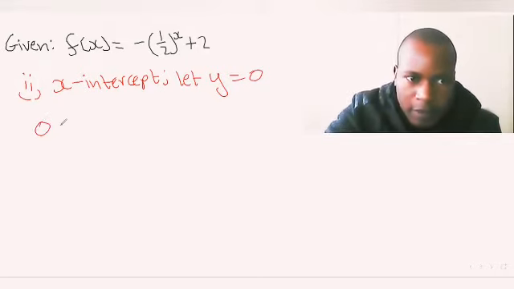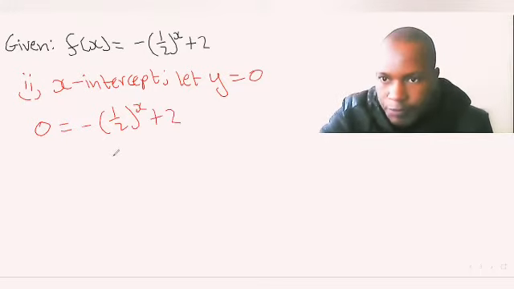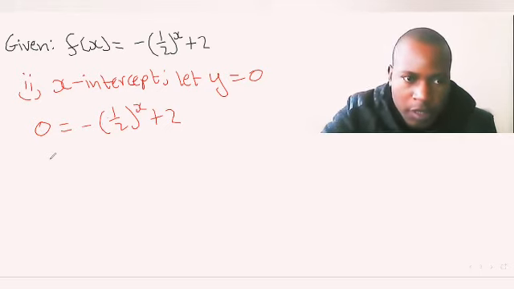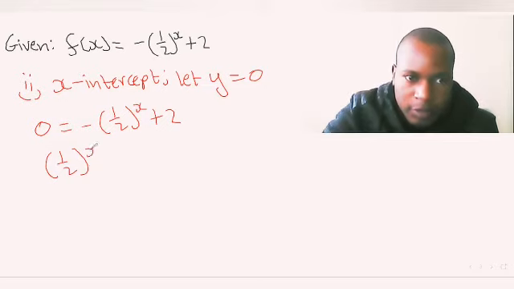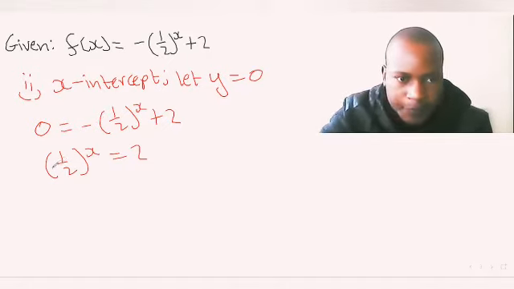So this would be 0 equals negative a half to the power x plus 2. To solve for x, we shift the first term to the left-hand side. So that would be a half to the power x equals 2. Also just note that it now becomes positive.